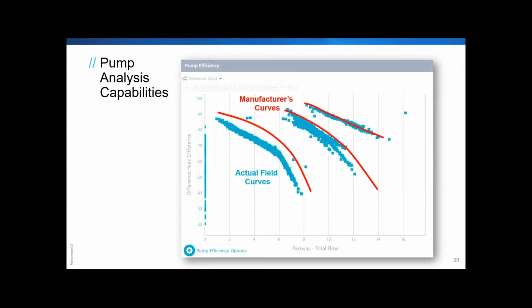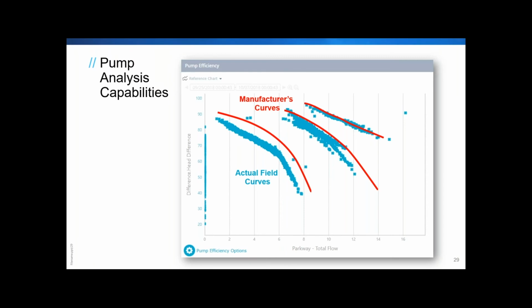You can also look at analyses like pump analyses. Innovyze is doing even more to help modelers out and to help operators out and others out analyzing pumps throughout their systems. You can put in manufacturer's curves. You can see what's actually being recorded in the field. Are you off your curve?